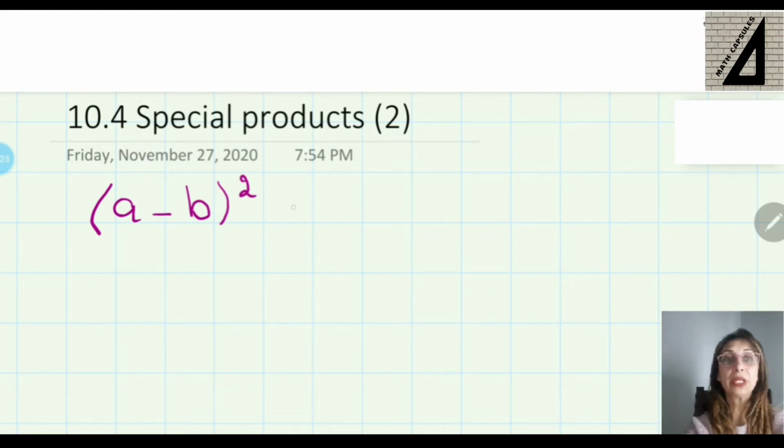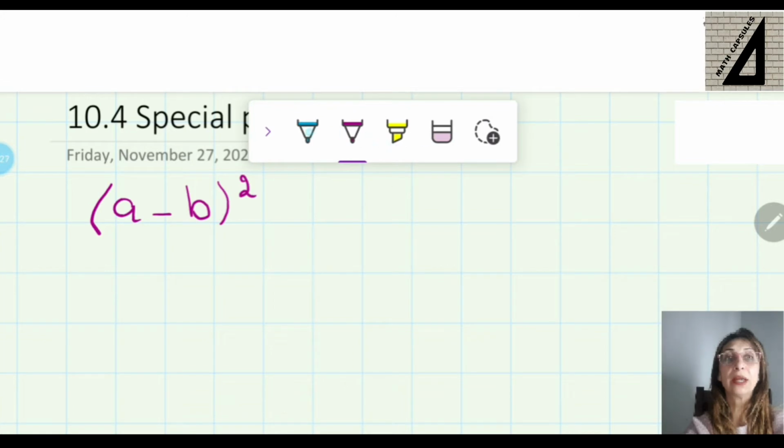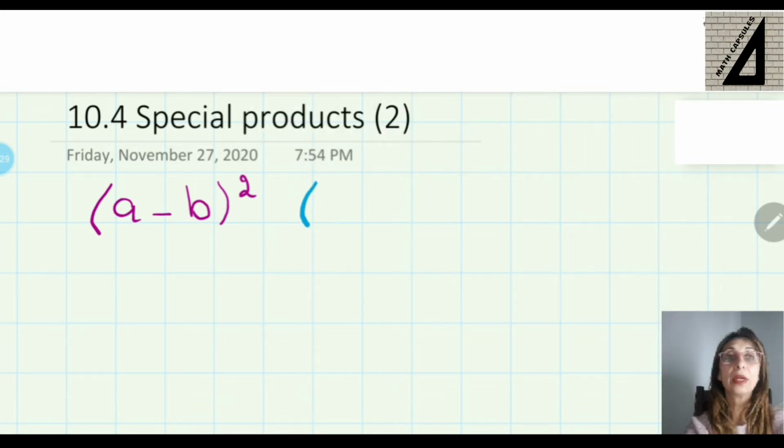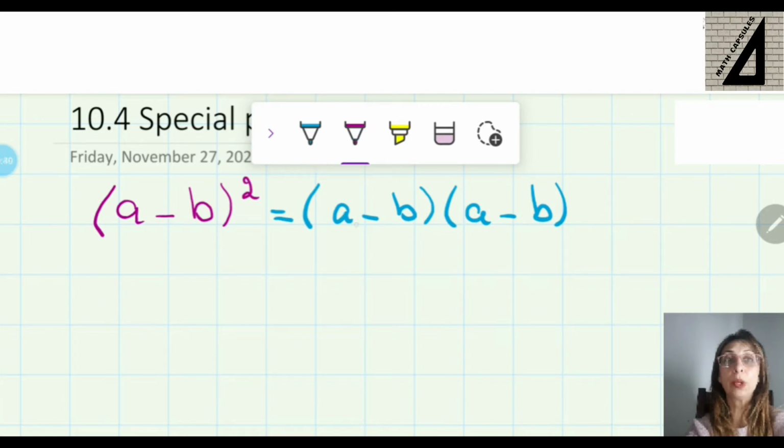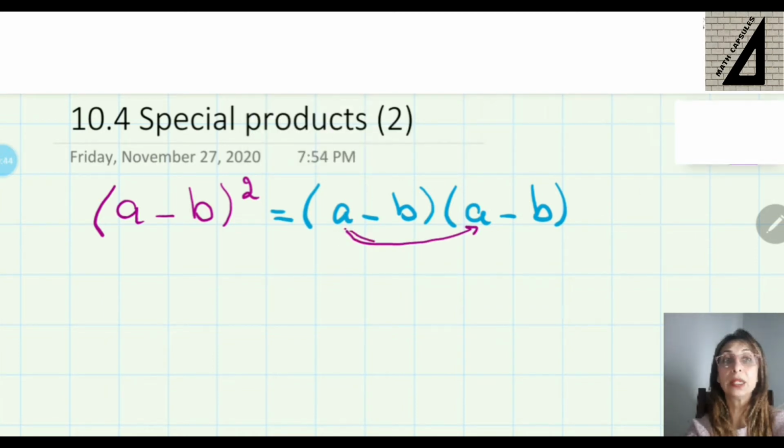So if we have (a minus b) power 2, this means it's like (a minus b) times (a minus b). Okay, so we will multiply, as we know, a times the bracket: a times a and a times negative b. This will give me a squared minus ab.